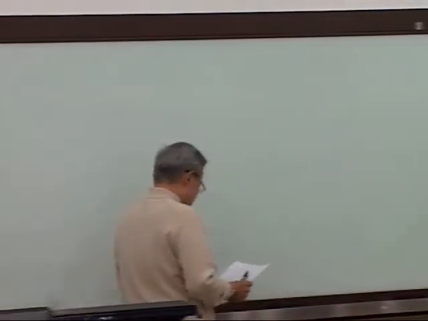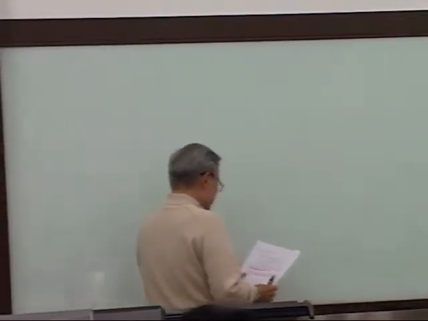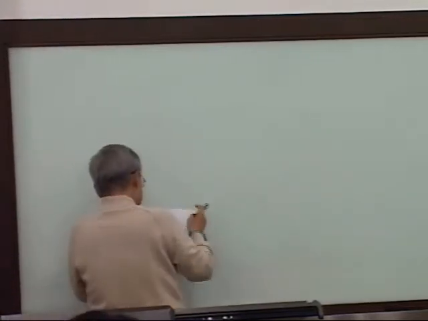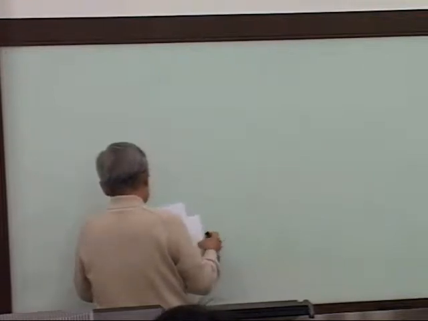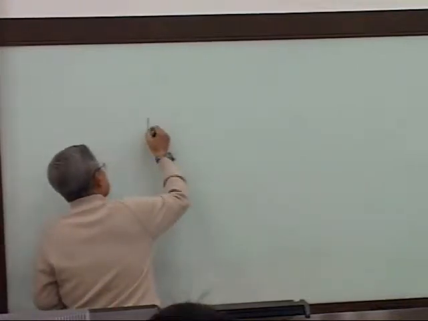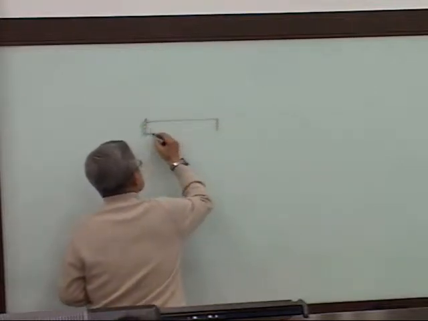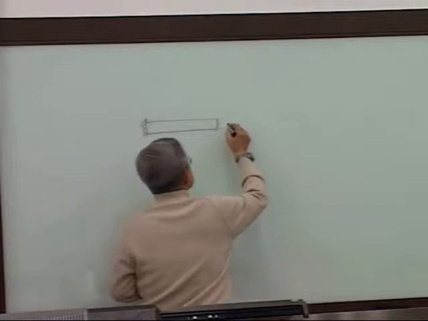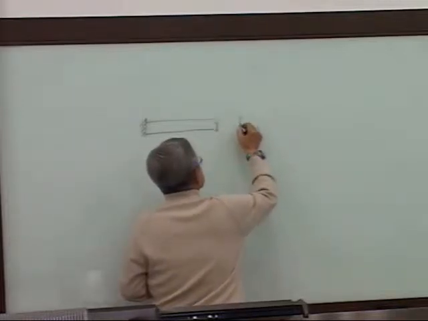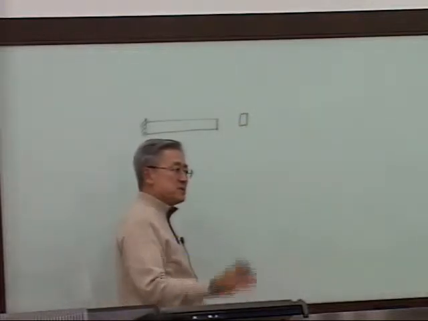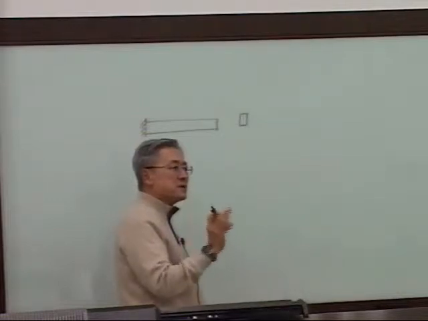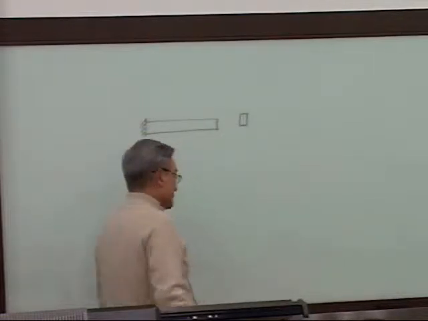Okay. This is in my lecture note. If you look at the example 4.2, you will see that this is a cantilever beam. And this is a cross section of the beam. So it's really rectangular, the cross sections.